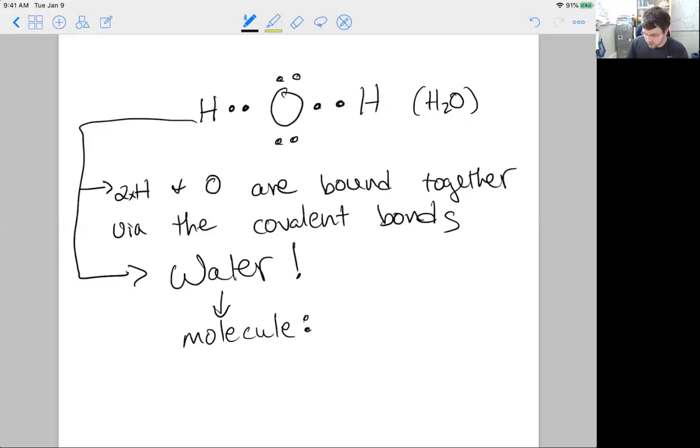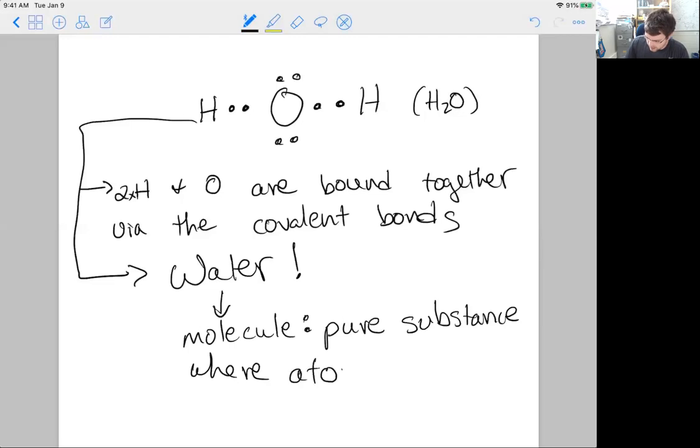So we have a molecule. This is a pure substance where atoms are bonded by covalent bonds, or bound through covalent bonds.